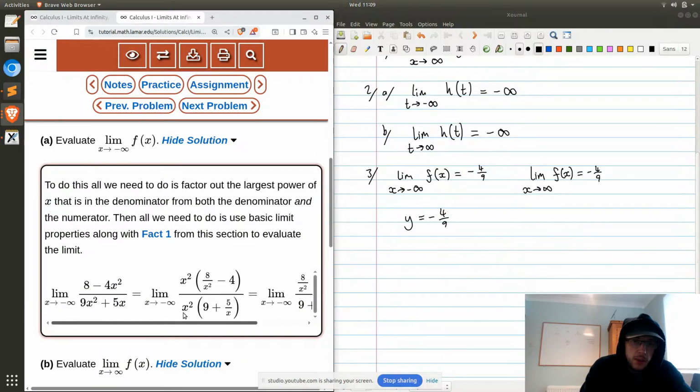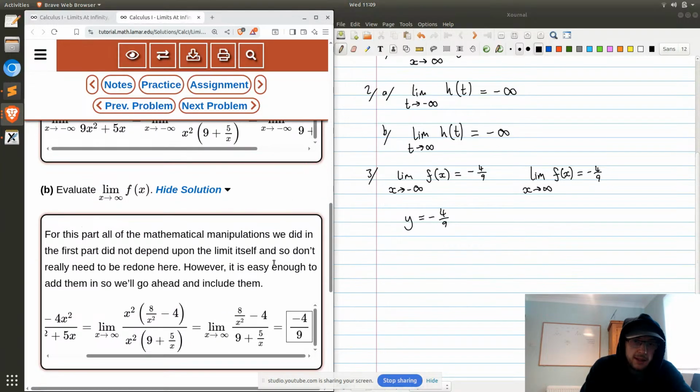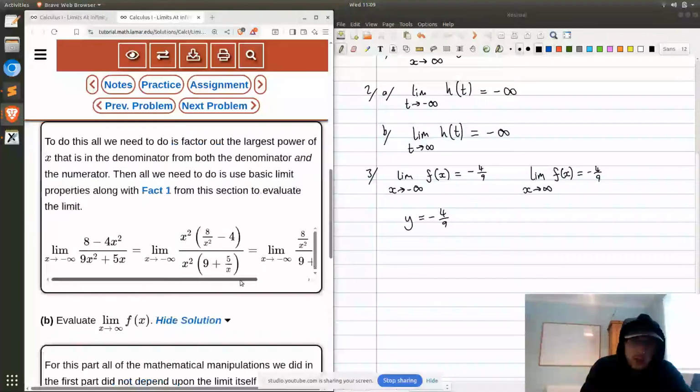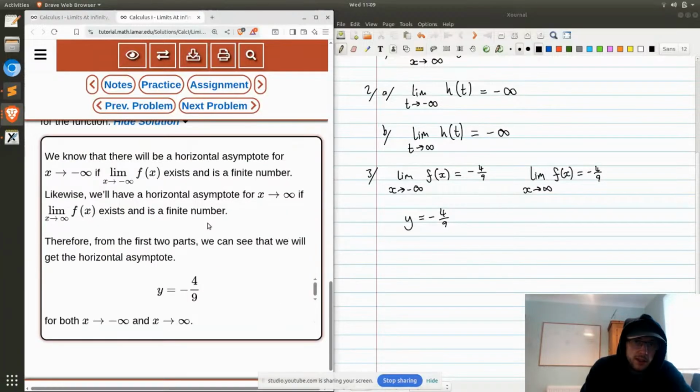Okay, so I suppose I could sort of play ball here and imitate what is happening in these arguments. We know that there will be a horizontal asymptote for x approaching negative infinity.